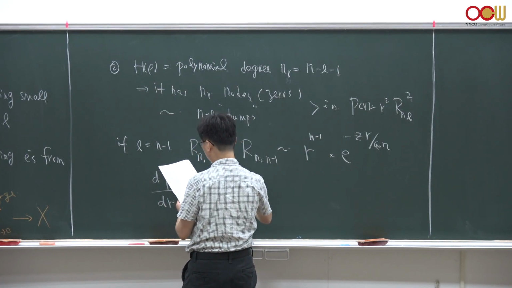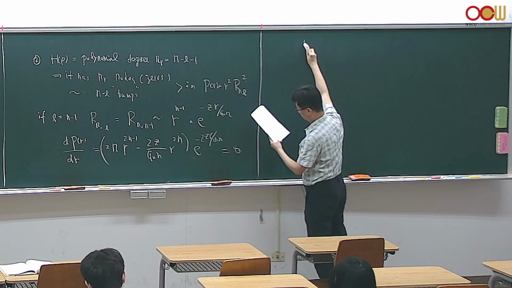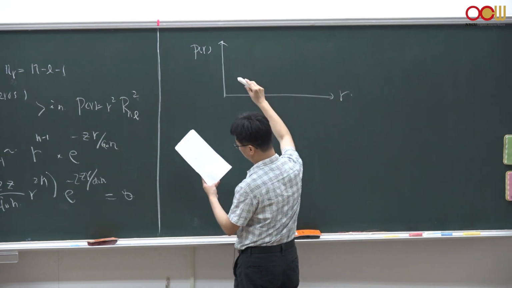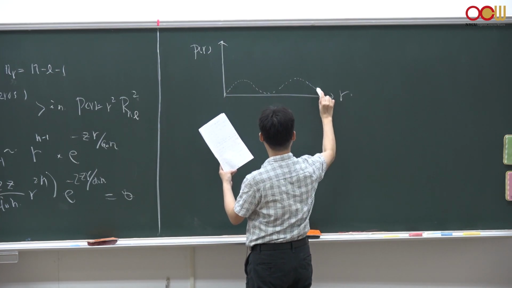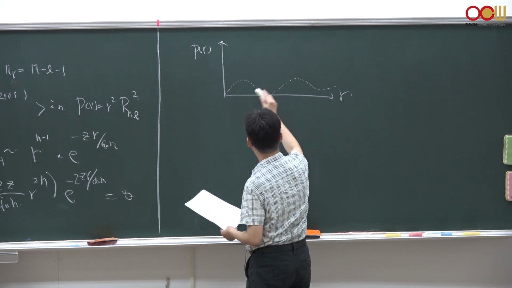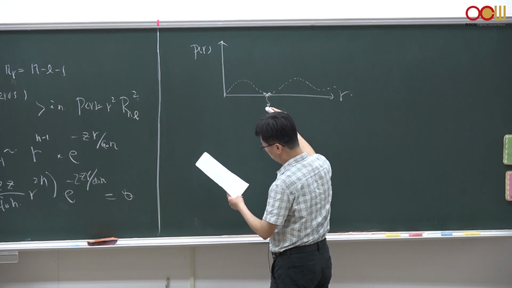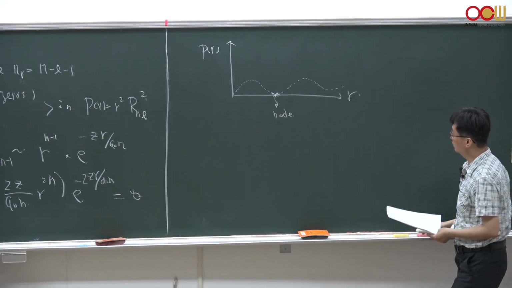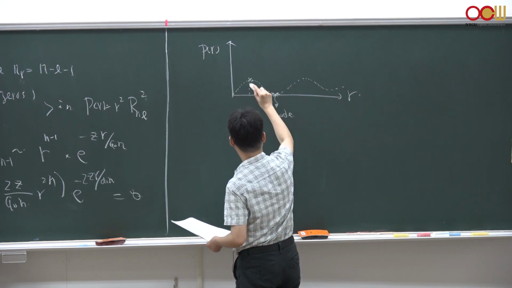probability distribution function. So in other words, if you make a plot of the probability distribution P of r as a function of distance or radius, you may find there are some minimum and maximum values of this probability distribution. If this probability distribution hits 0, we call it a node. On the other hand, if a maximum value is reached at some point, we call this a bump.